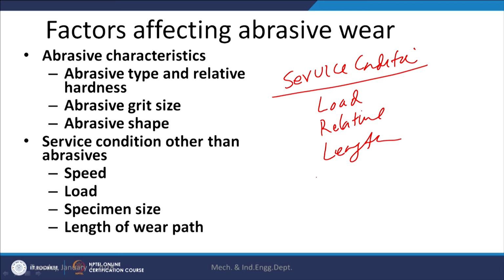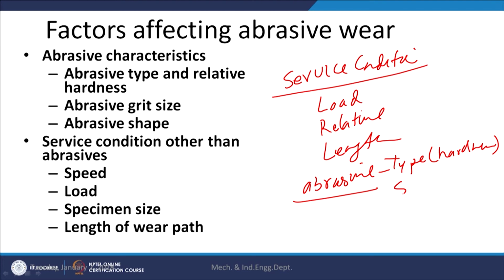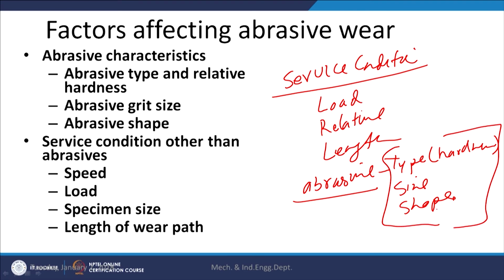Then what are the kinds of abrasives which will be interacting with the surface of the material, like their type, determining their hardness, and then the size and shape of the abrasive particles. These are very important factors which will be governing the abrasive wear behavior of the material.